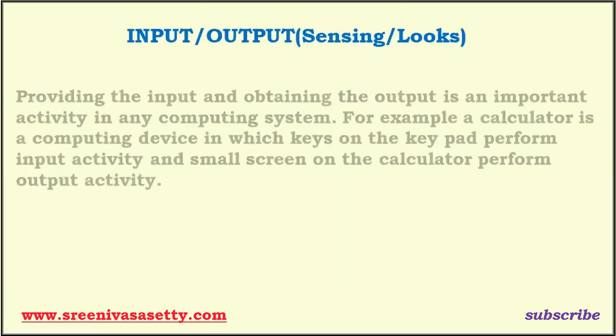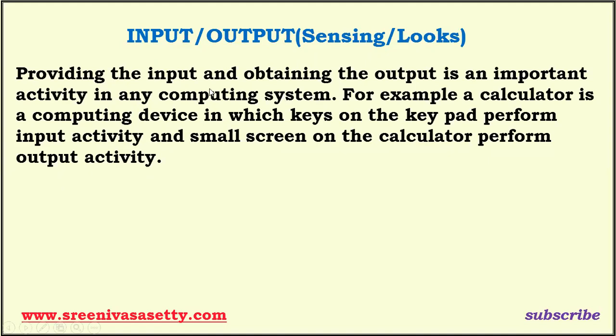What exactly is the meaning of input and output? Providing the input and obtaining the output is an important activity in any computing system. For example, a calculator is a computing device in which keys on the keypad perform the input activity and the small screen on the calculator performs the output activity.